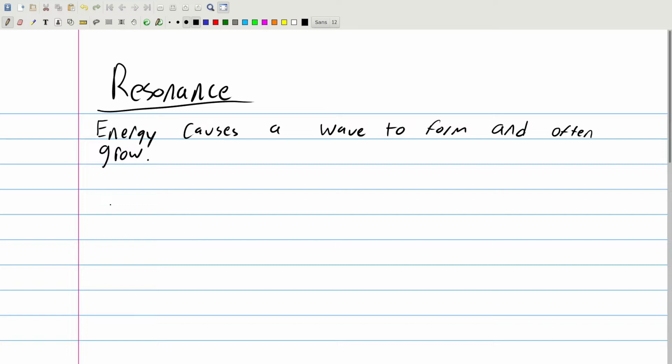Now, strictly speaking, we need to be careful because there are three types of resonance that we're going to need to know. We're going to need to know something about when a tube is open on both ends.